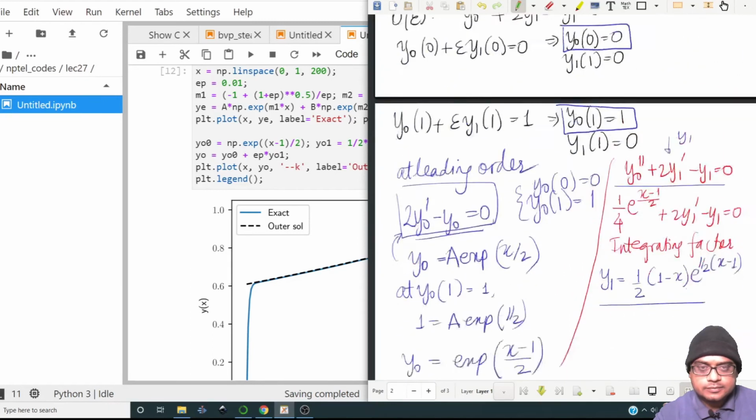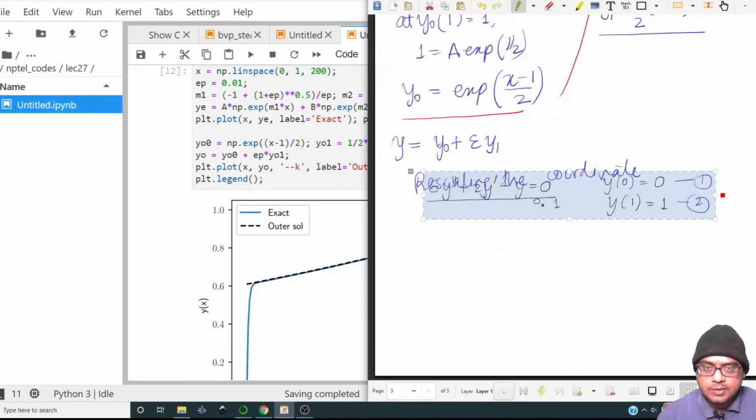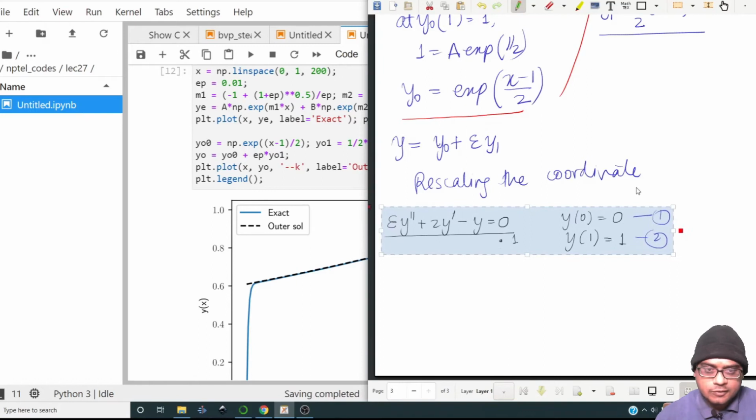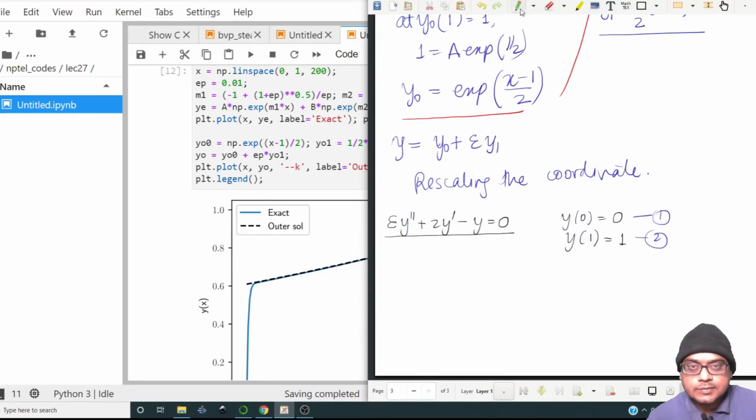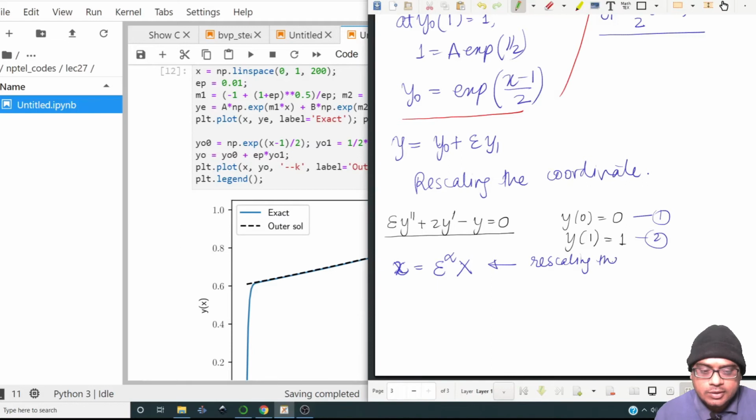So we have the equation over here. Let us consider small x as epsilon raised to some alpha times some capital X. Essentially we are rescaling the coordinate.